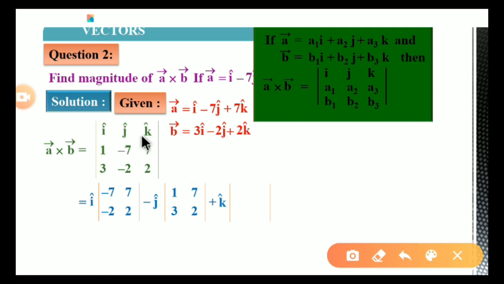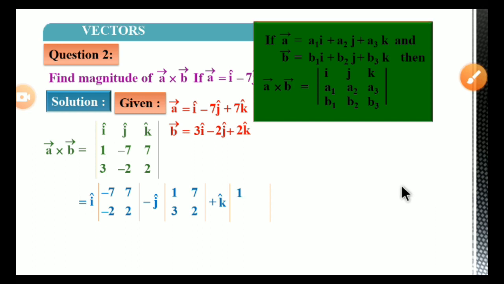If you want to take k, you have to take the remaining determinant. Therefore k into the determinant contains 1 minus 7 3 minus 2.